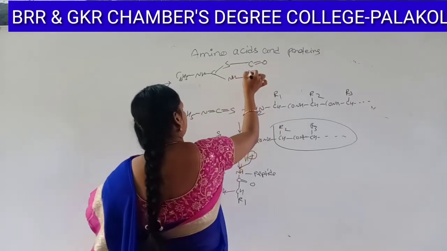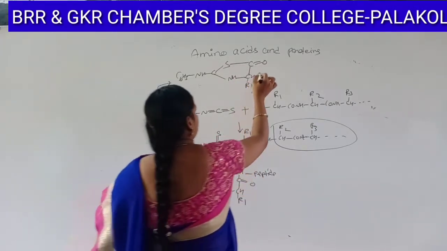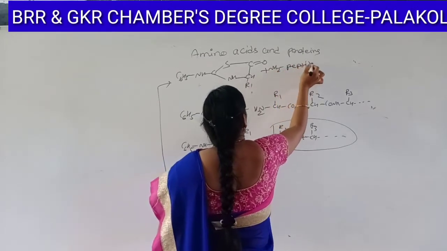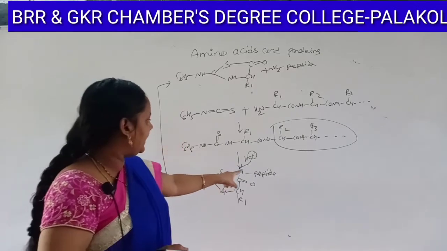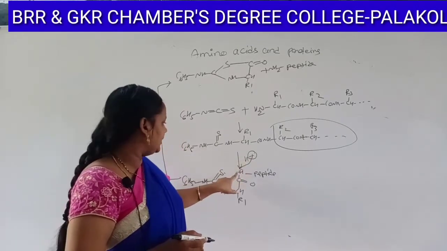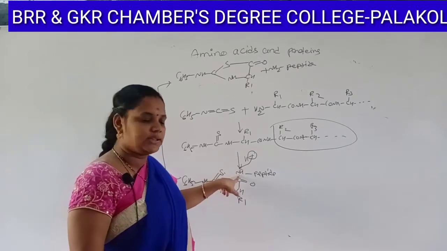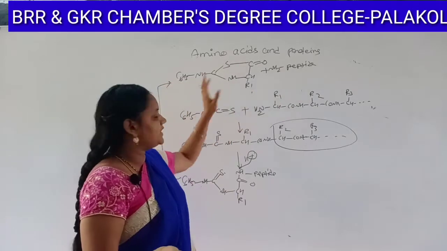You get a heterocyclic ring, plus the rest is removed as NH2 peptide. Here H+ is added to NH and rearrangement occurs so that the NH2 peptide can be removed and this forms a heterocyclic ring.